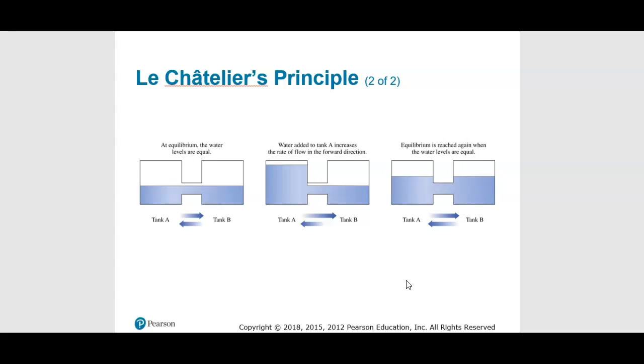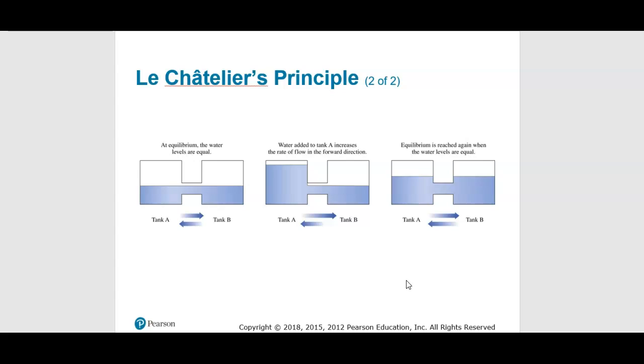This is essentially Le Chatelier's principle. You see an initial condition where you have two tanks attached by a channel, a tube between them, and the amount of water in there is enough to get over the bottom, to actually get through the channel.